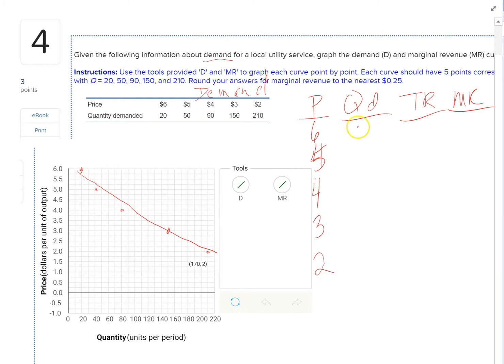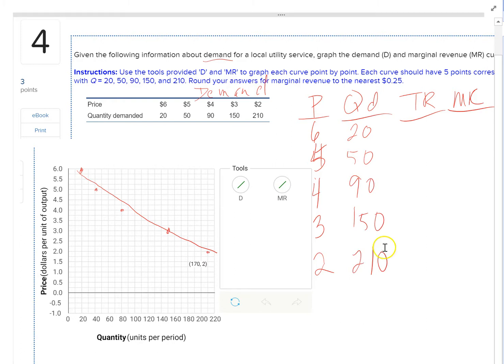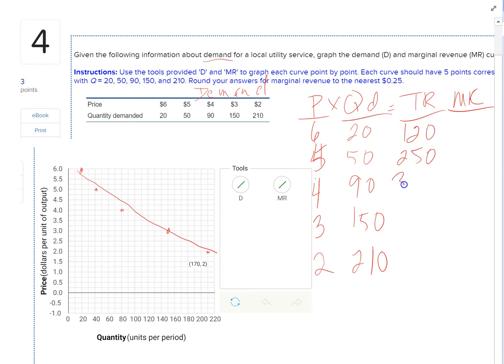And the quantities demanded were 20, 50, 90, 150, 210. And then the total revenues can just be price times quantity is total revenue. So 120, 250, 360, 450, and 420.